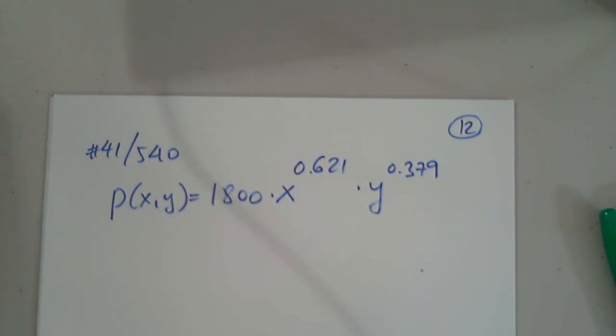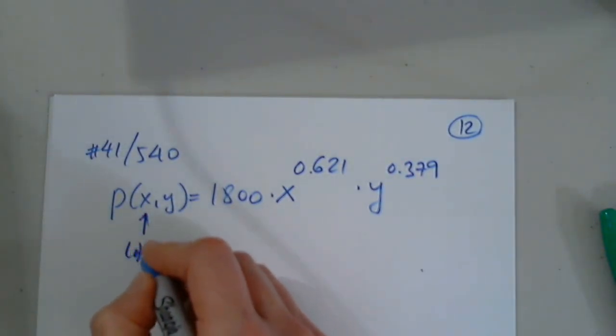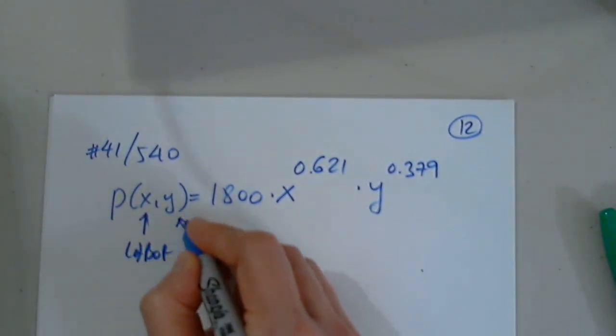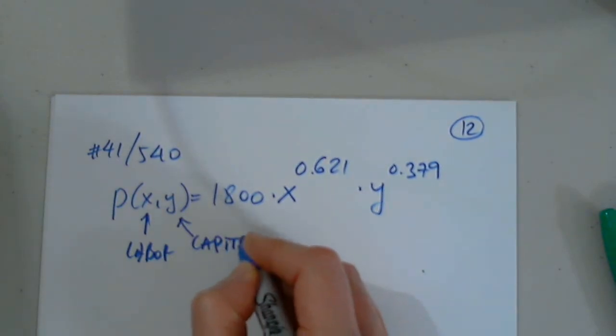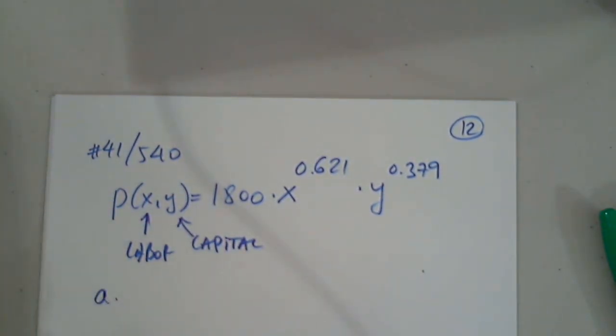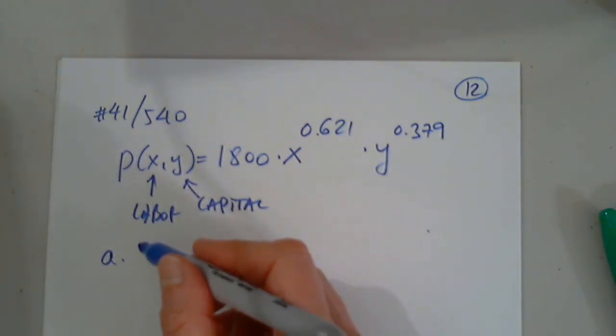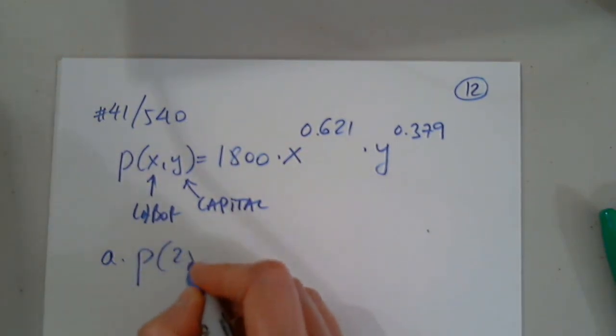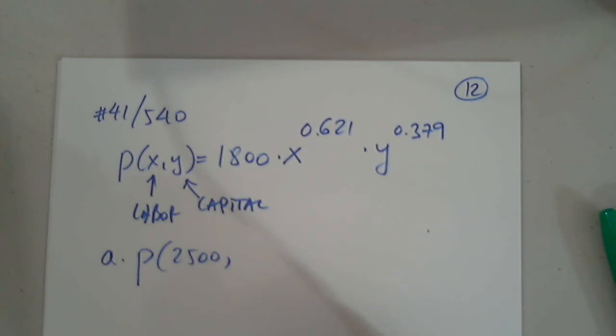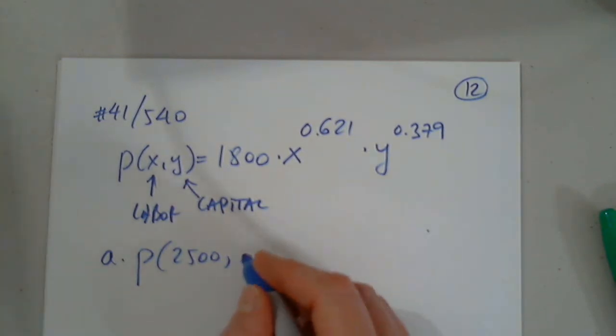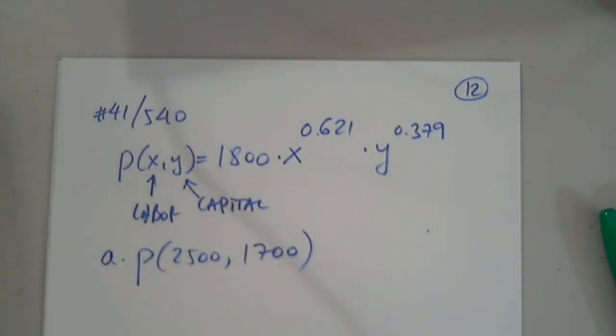P is the number of units produced with X units of labor, and Y is capital. In part A, find the number of units produced with 2500 units of labor and 1700 capital. So all I have to do is just plug it in. So I'm going to share my screen.